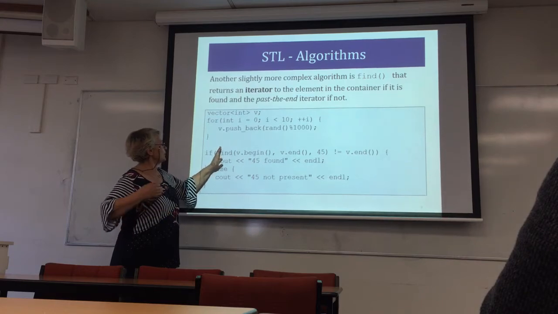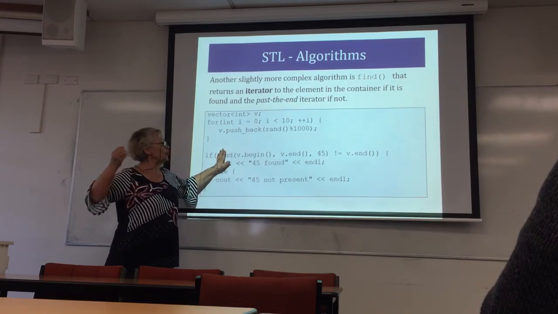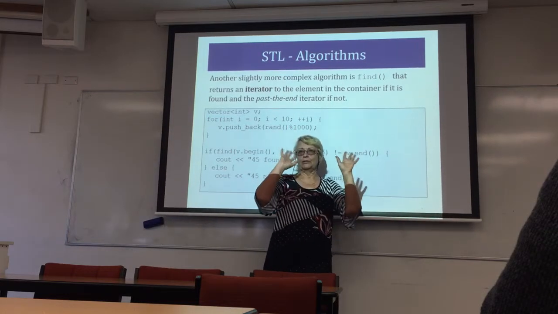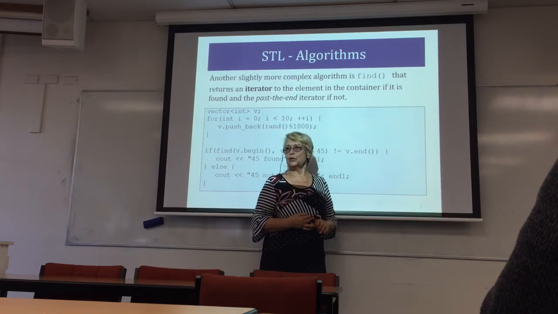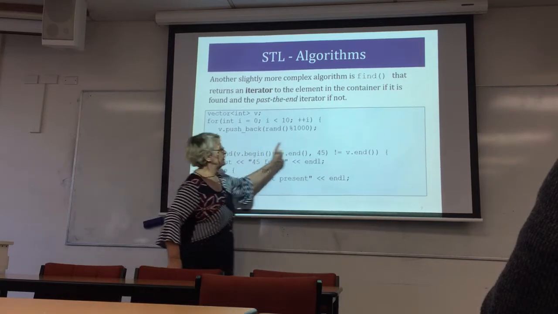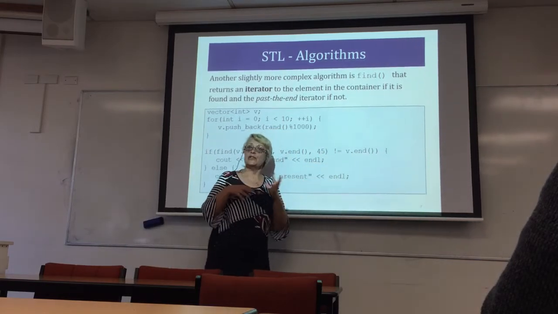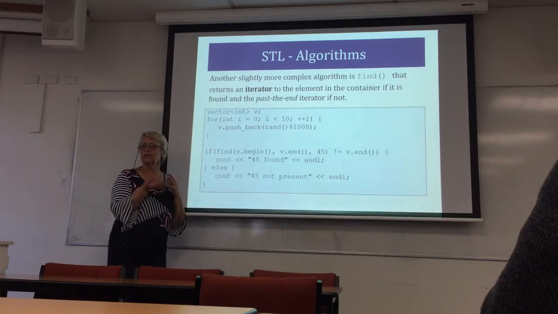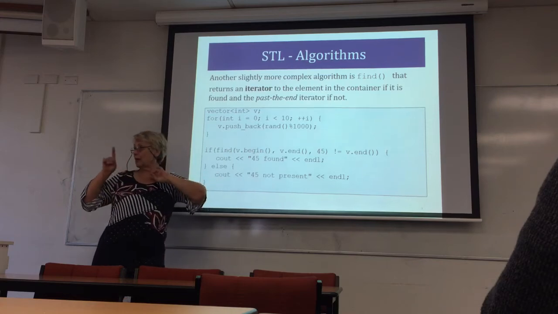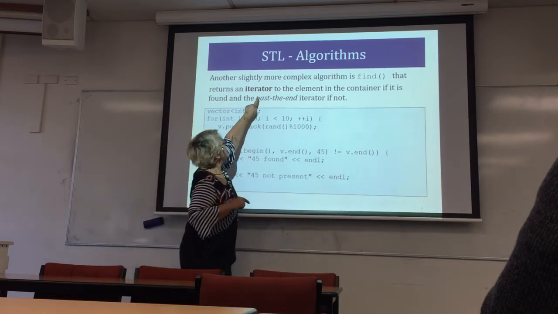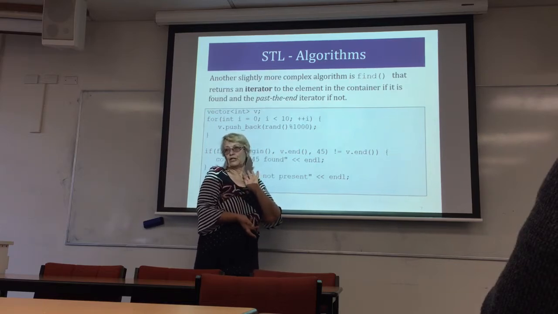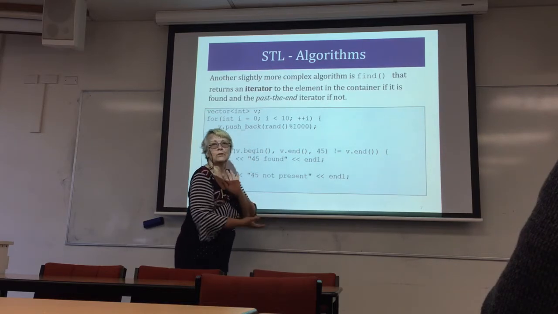You shouldn't, because if the element is not there, you will try to dereference the end, and the system will say, oh no, you are doing something stupid. So the proper way to do it is, if this is not the end, it means that the element was found. So this is the classical way to work with algorithms which return a past the end iterator when they fail to perform their task. This is the way to work.